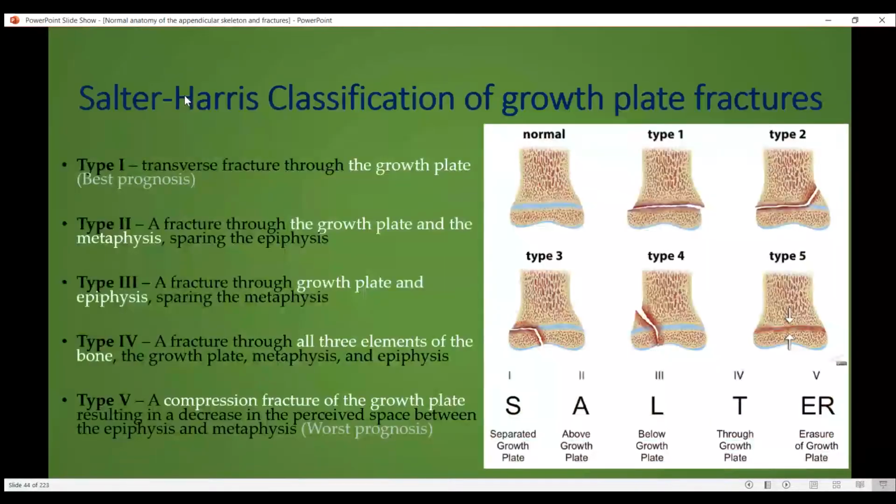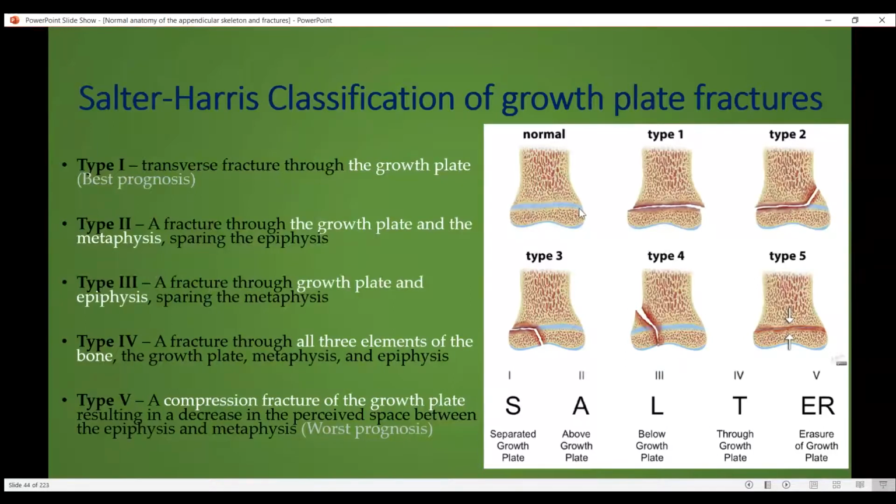Now we are going to talk about a classification called the Salter-Harris classification. Remember, this is quite simple to understand. It is not very difficult at all. We are particularly looking at the fractures related to this radiolucent line present here.